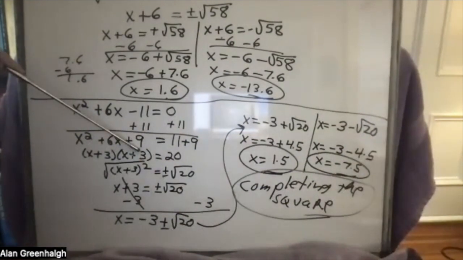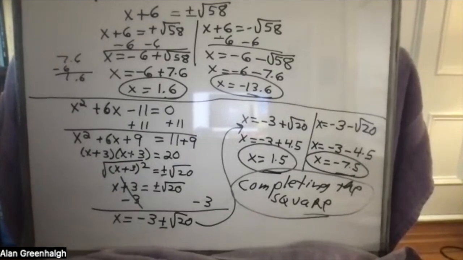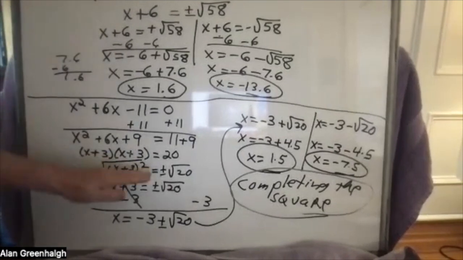We're making this trinomial into a perfect square, which we did. We got the same factors, and that's what we need to do. It's a very, very beautiful method of solving a quadratic equation. And you need to know this.